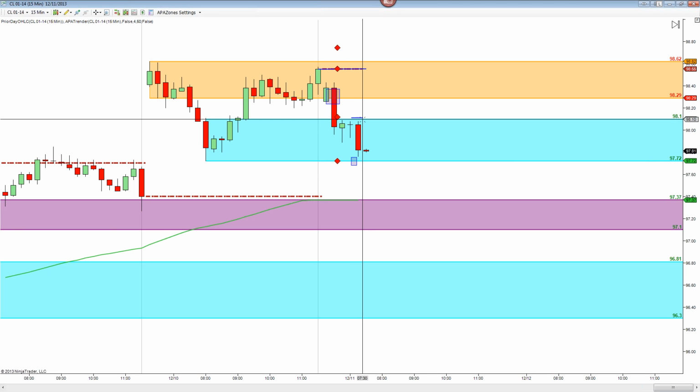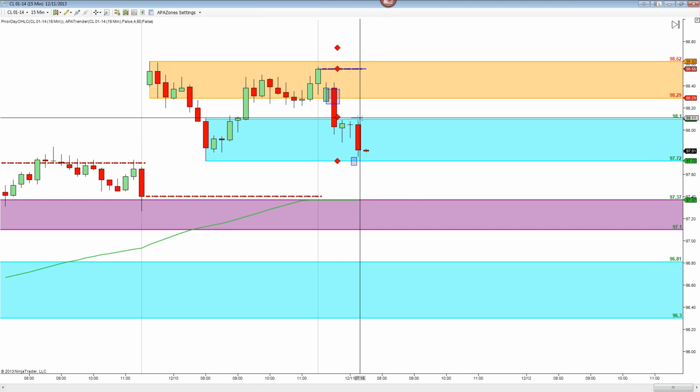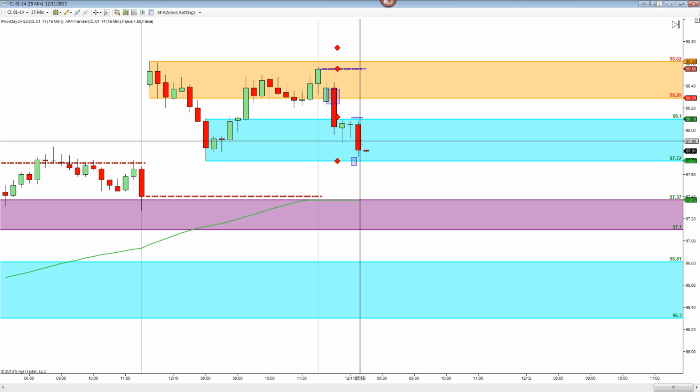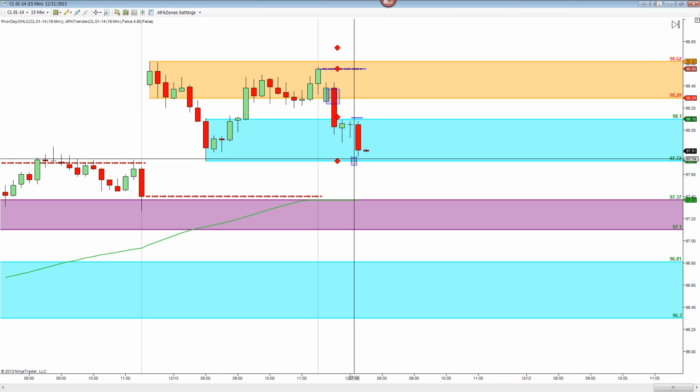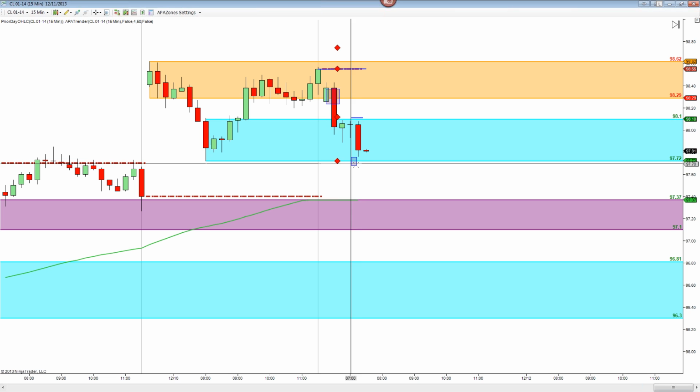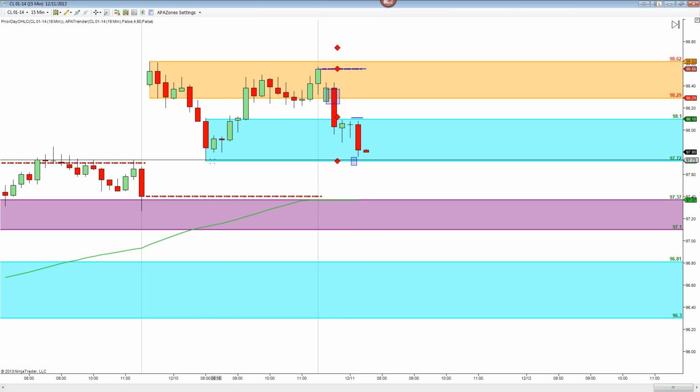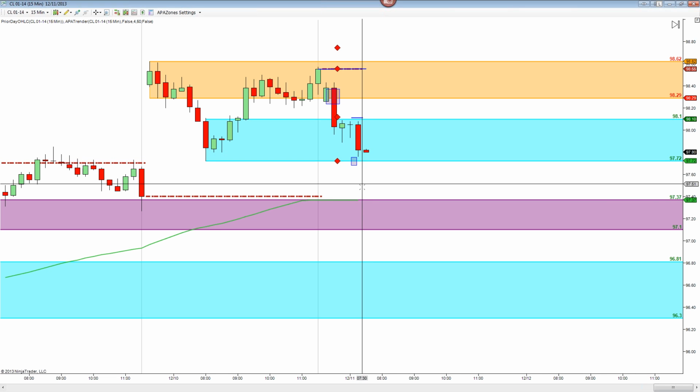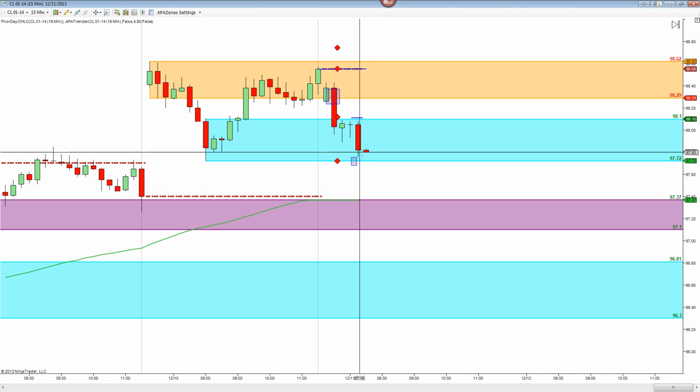Just really interesting how close that level is. So that's where my stop is, one tick above that. We have a 15-minute RTH right here, which is where yesterday's low was. I would love to see this thing break.